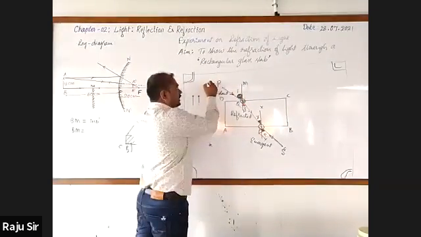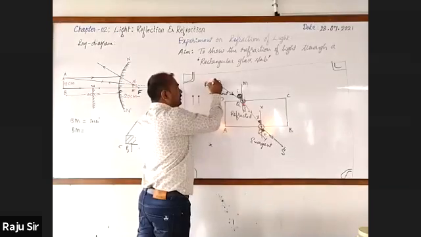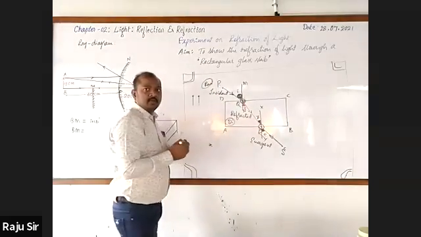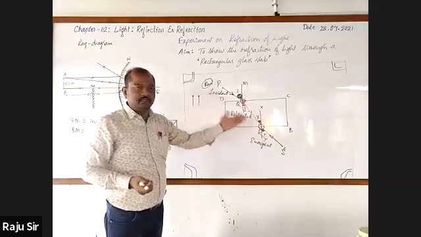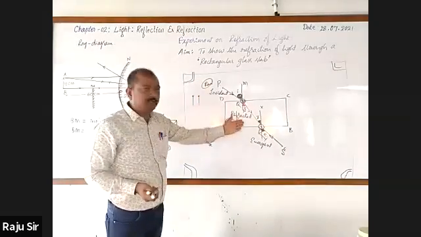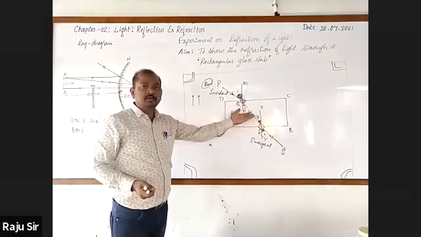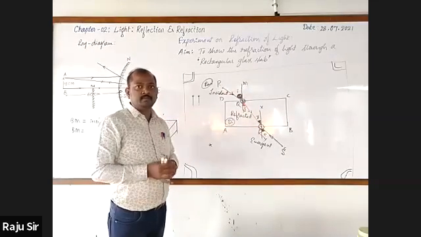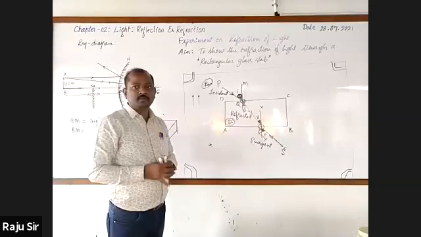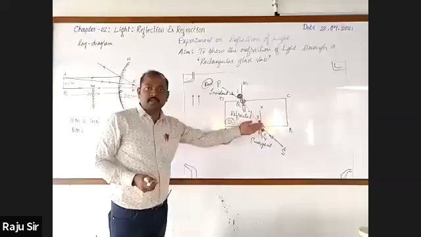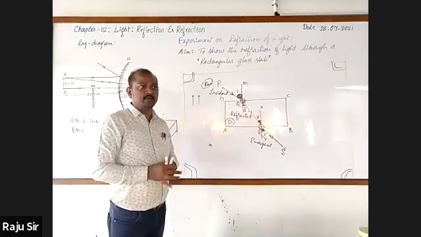Here we all know that air is called a rarer medium and glass is called a denser medium. Observe the bending of light when it is traveling from air medium to glass medium, and tell your observation with respect to the normal.